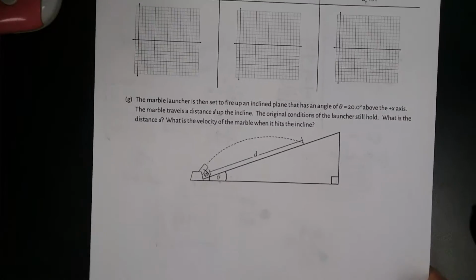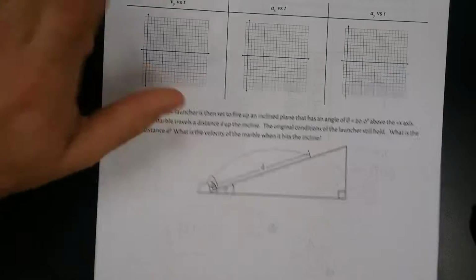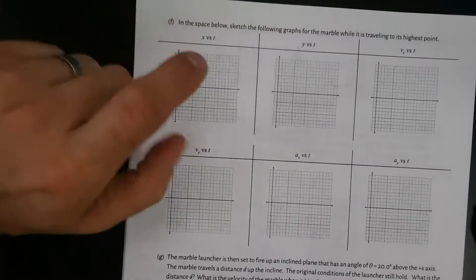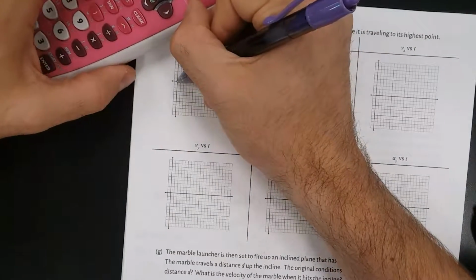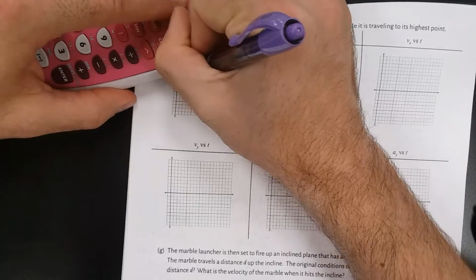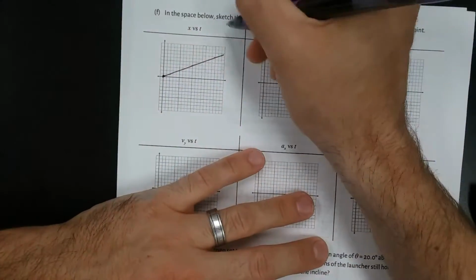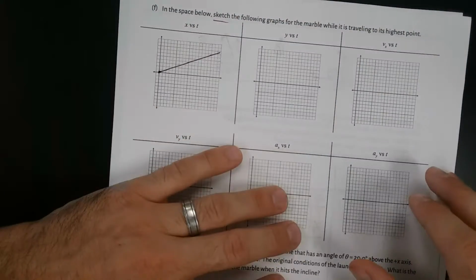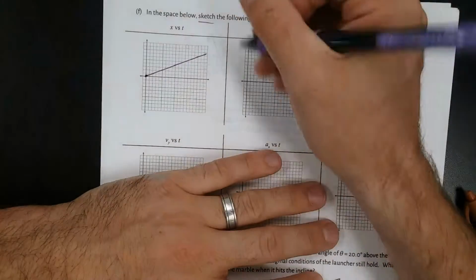Now, I want to be able to talk about graphs of this object. Well, real quick, its horizontal position as a function of time as it travels to its highest point. It just moves at a nice steady rate. Problem says sketch, so I don't need any variables, but just to show that it's a linear relationship of x versus t.